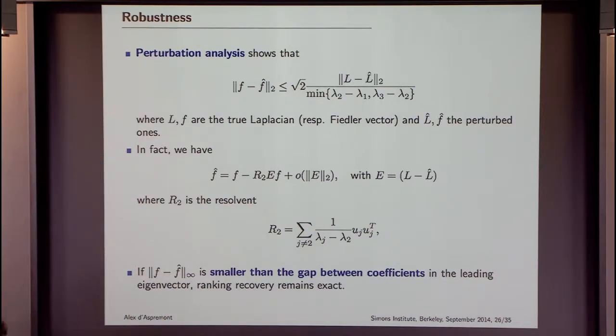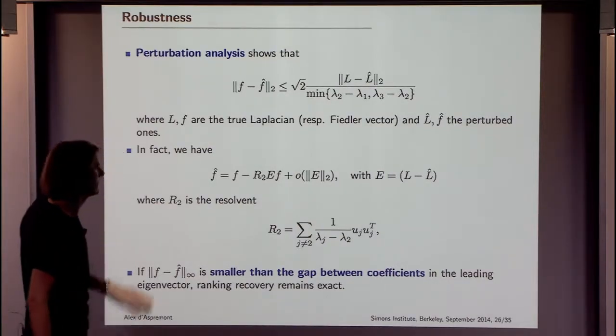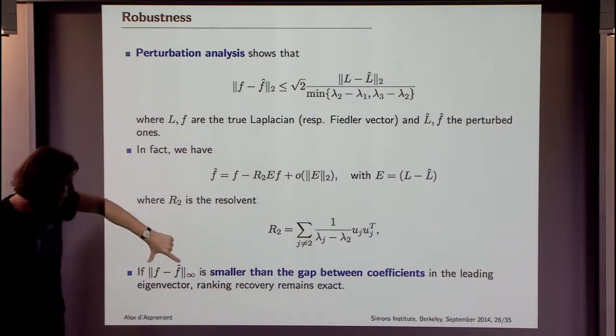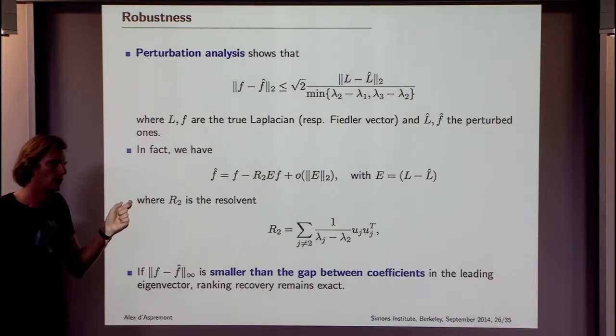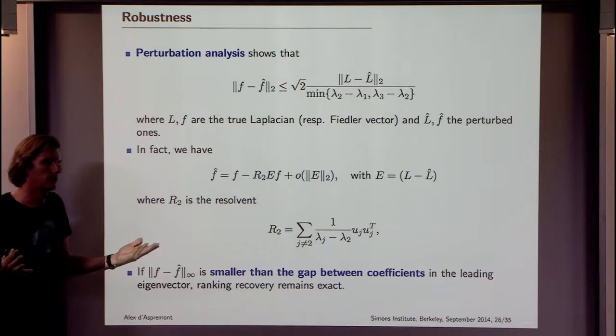Okay, you have an explicit formula for the perturbation, but it depends on the rest of the spectrum, and you don't necessarily compute that. But typically, if the L infinity norm of the difference in these two vectors is smaller than the initial gap between your Fiedler vector coefficients, you're still going to have exact recovery because you're not going to be switching any coefficients.